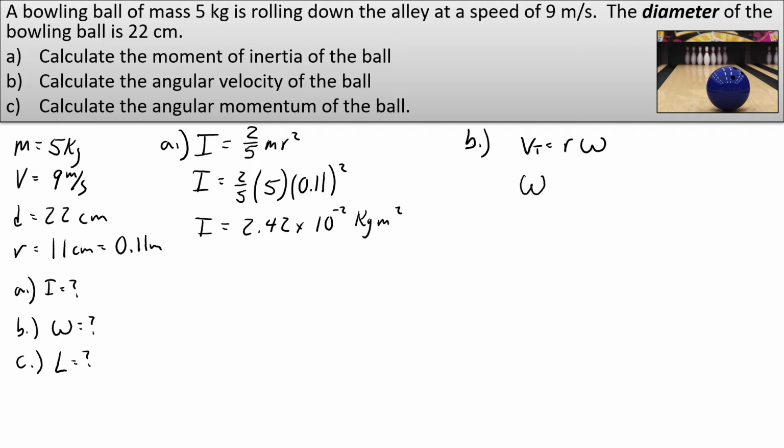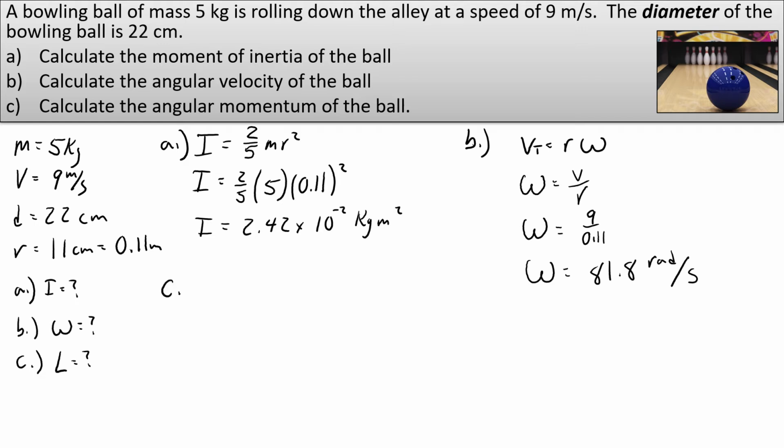So if you wanted to rearrange, you take your linear velocity divided by the radius. That'll give you your angular velocity. We did this in the previous lesson. Hopefully you didn't get tripped up. It's like, where did this term come from, v over r? That's in your reference table. So the angular velocity is 81.8 radians per second.